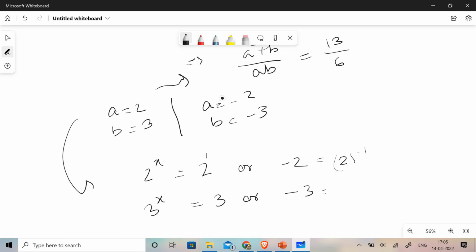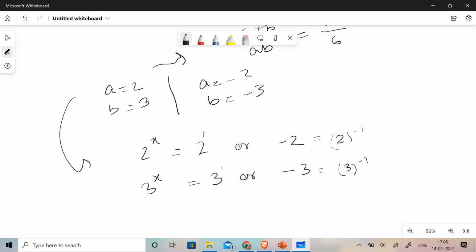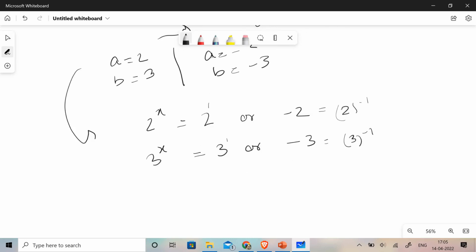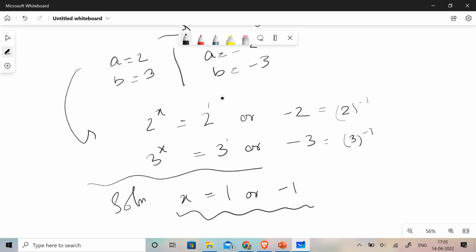Similarly, minus 3 is equal to 3 to the power minus 1. So just by equating the powers, because the base is 2 or 3 at both places, now we can write the solution: x would be 1 or minus 1. So this holds true for x equals 1 or minus 1.